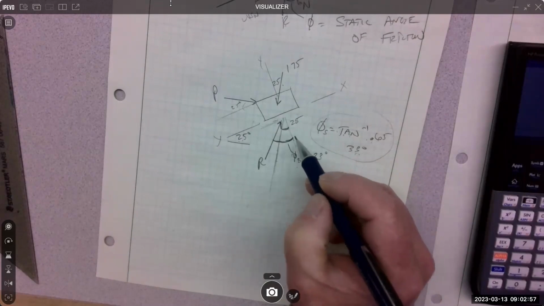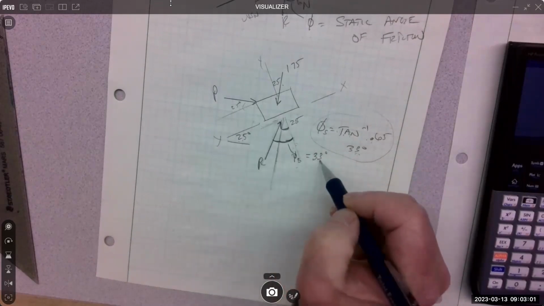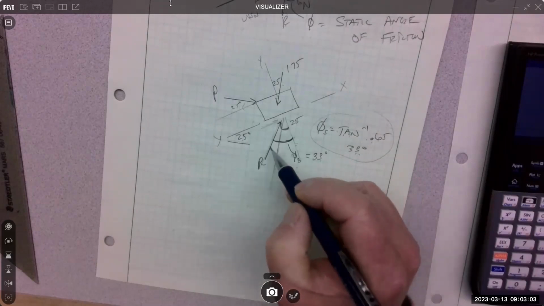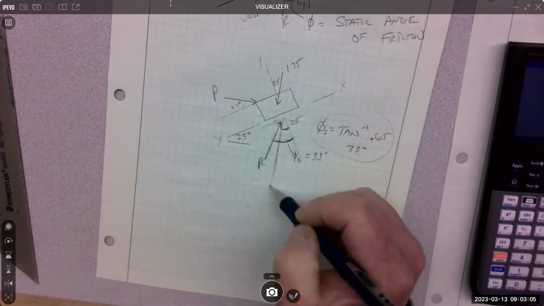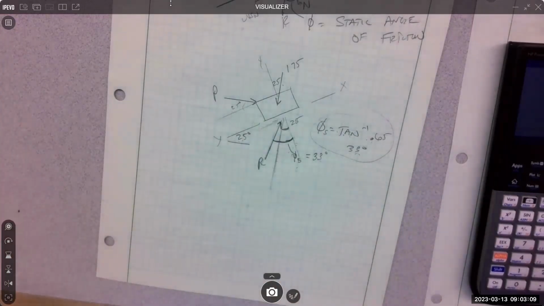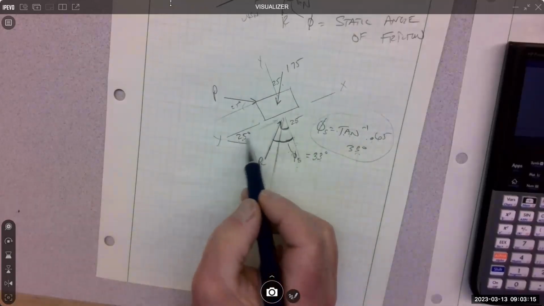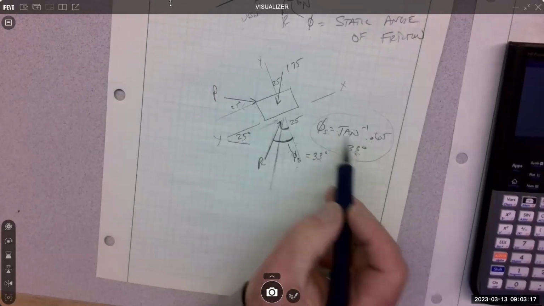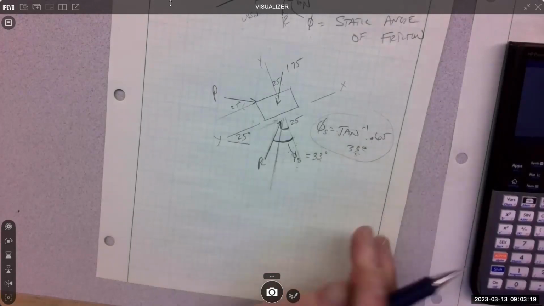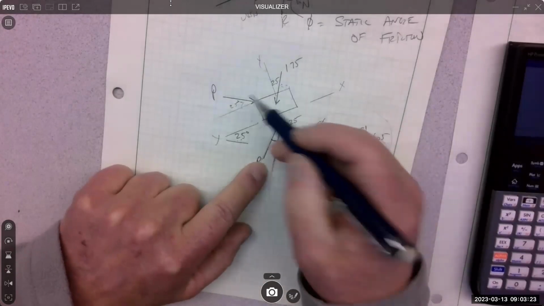Static angle from N, it's always from N, is R at 33. So it's got to be over here, not on this side of vertical. Once you've figured out where R is based on the slope and the static angle of friction, then you go for the force triangle because you have 1, 2, 3, 1, 2, 3.